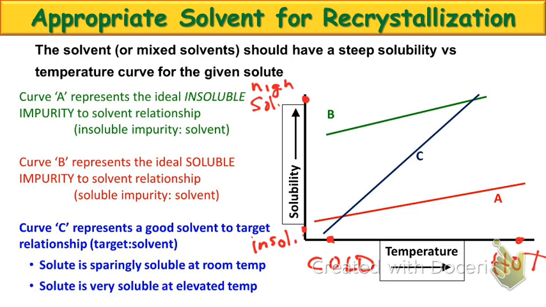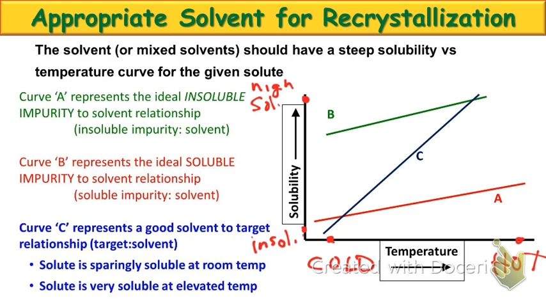Okay. Now we've got curve C, which is the trickiest one. That's our target compound. Okay. If everything worked out well, we could probably purify things by staying in curve A and B. Okay. But we're never going to get perfect situations. So what we need is some solubility relationship where we can make our compound change its solubility. Okay?